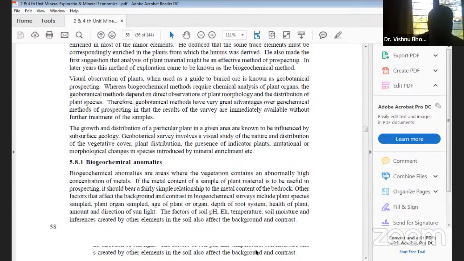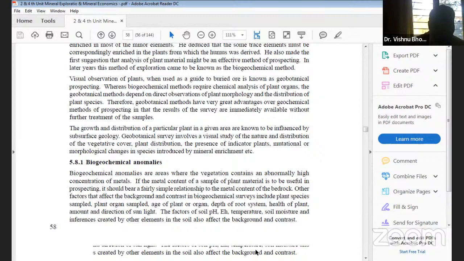The geobotanical method depends on direct observation of plant morphology and the distribution of plant species. Therefore, geobotanical methods have a very great advantage over geochemical methods of prospecting in that the results of a survey are immediately available without further treatment of the sample.